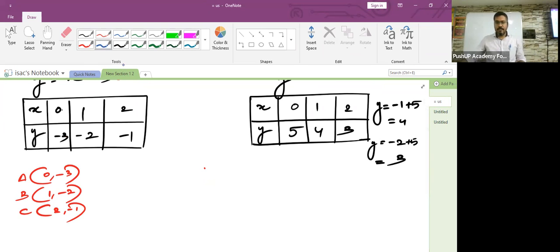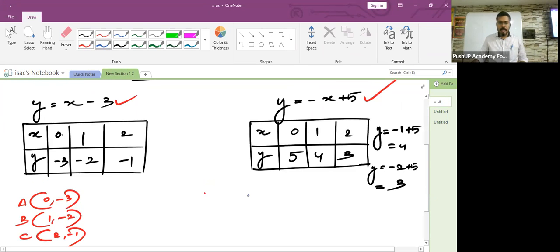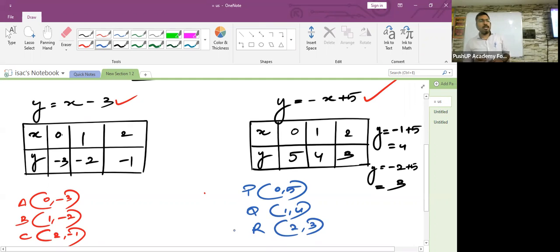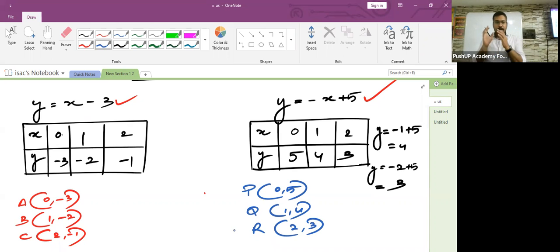For the second equation, let's take point P, whose coordinates are 0 comma 5, then point Q, whose coordinates are 1 comma 4, and point R, whose coordinates are 2 comma 3. These are the 3 points which you need to plot on the graph paper. Do it categorically. For the first one, you complete the graph, and then you jump to the second one.